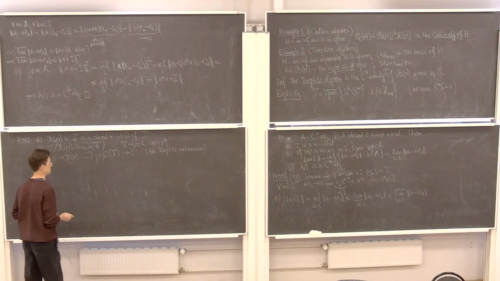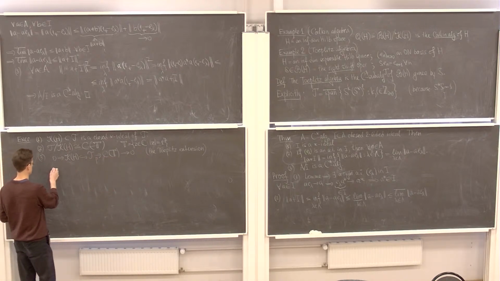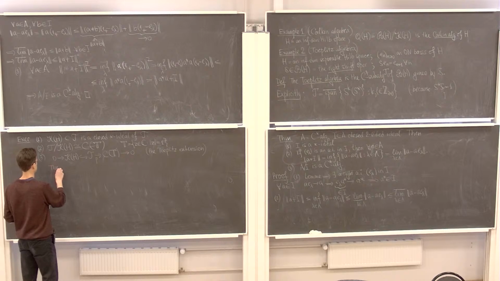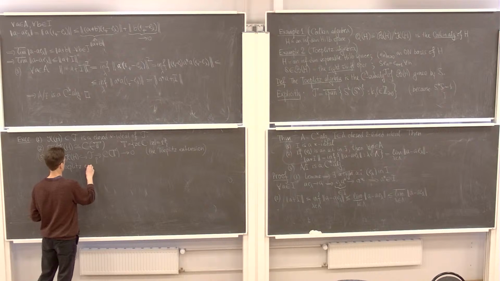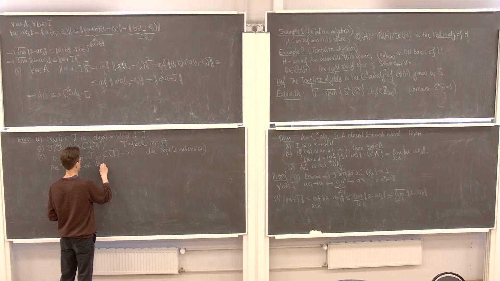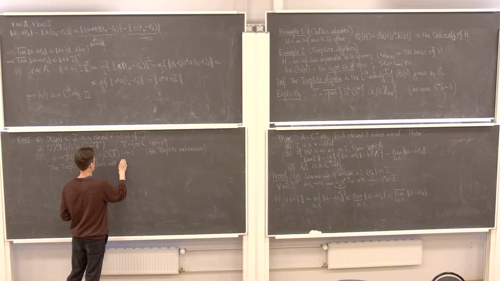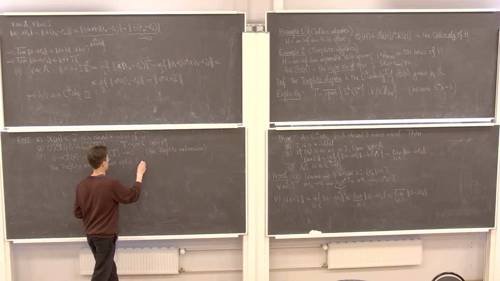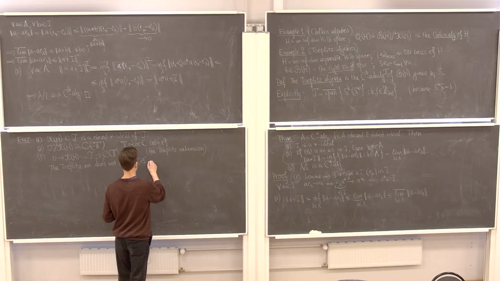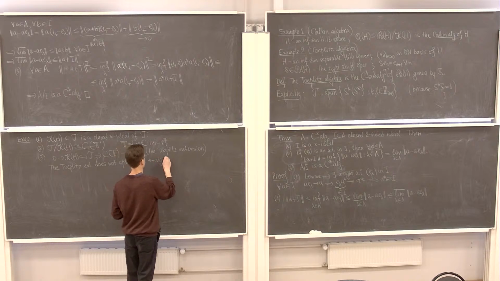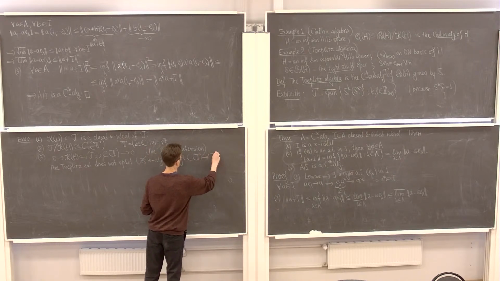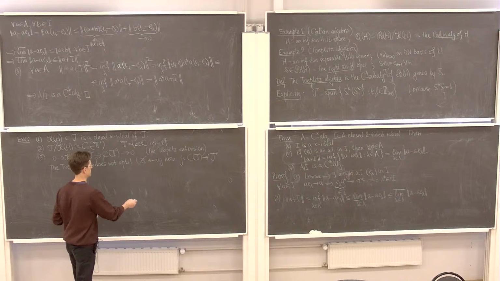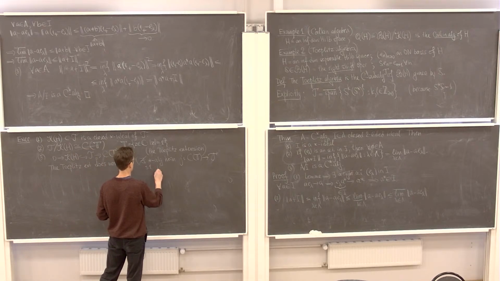And the exercise is to show that the Toeplitz extension doesn't split, which means that there is no star algebra homomorphism, say J, from C of T to the Toeplitz algebra, which is a section for P, such that P J is the identity map.